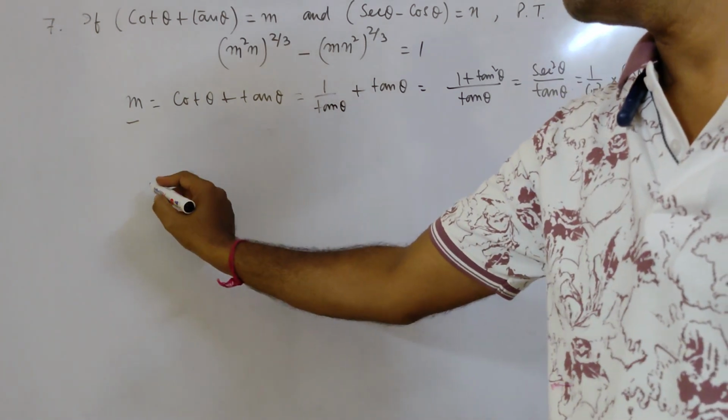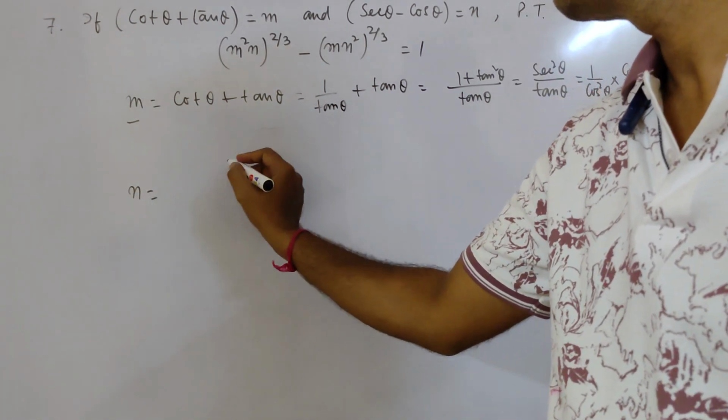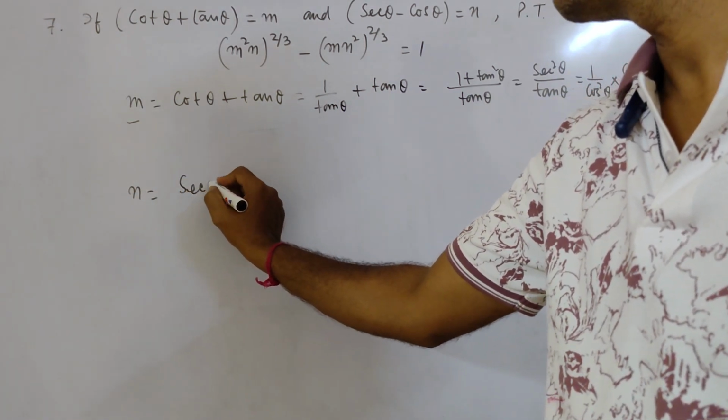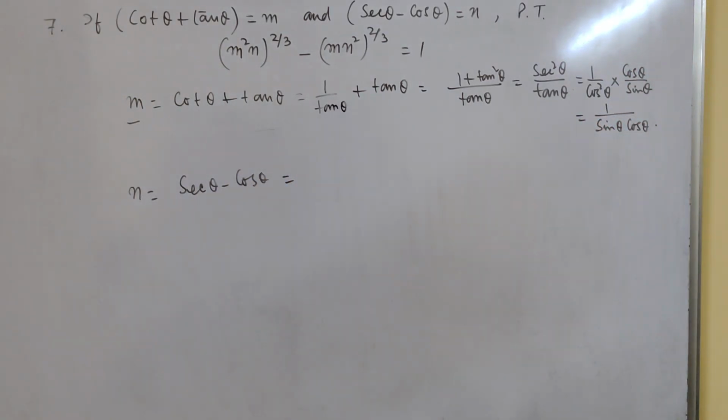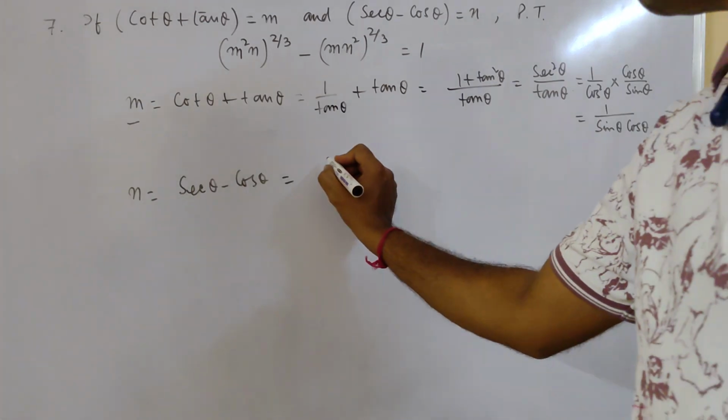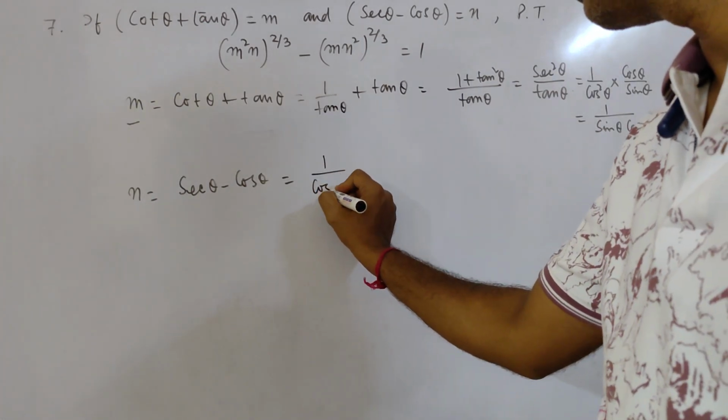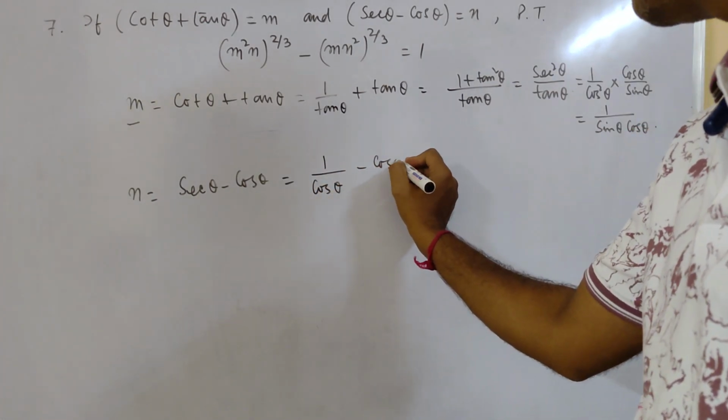Okay. Similarly, n is equal to sec theta minus cos theta. So sec theta is equal to 1 upon cos theta, minus cos theta.